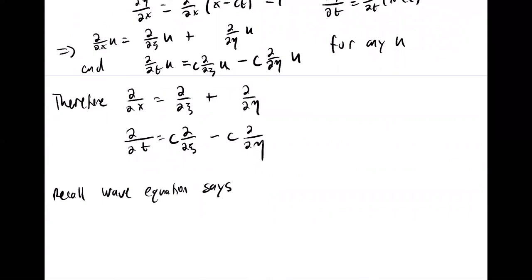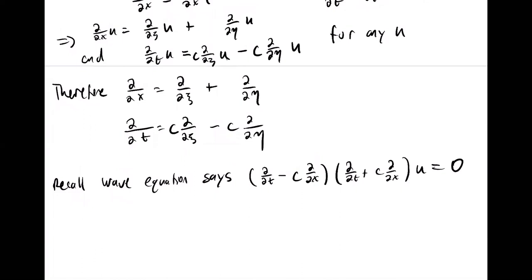Well, we factored it before. We had d dt minus c times d dx, times d dt plus c times d dx, applied to u is equal to 0. And so what we're going to do now is rewrite this in terms of the new coordinates xi and eta.